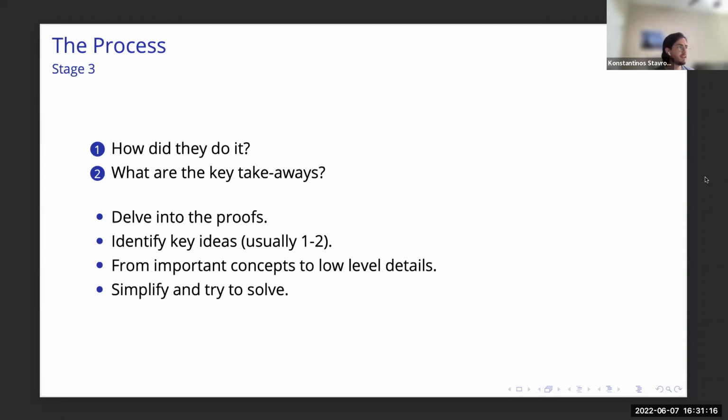Yeah, and in order to get to this stage, one should really want to understand this particular paper, because, for example, it is close to the problems that one tries to solve, or one would like to generalize some results of this paper.